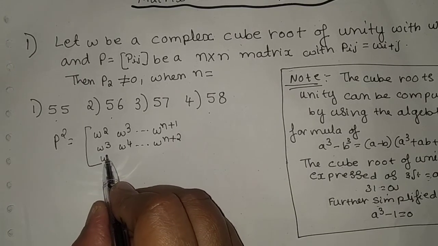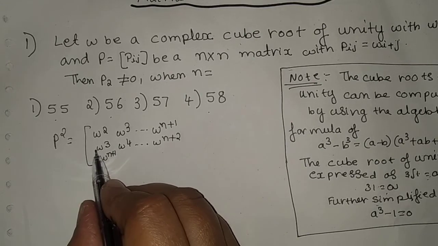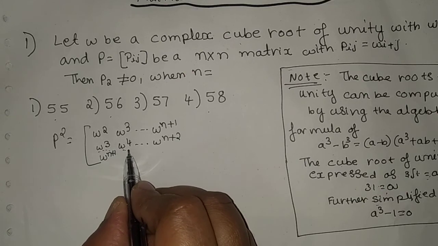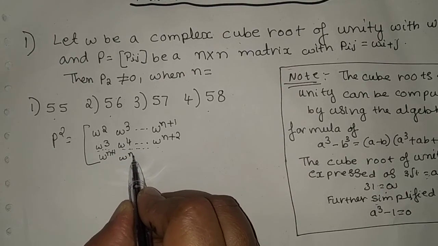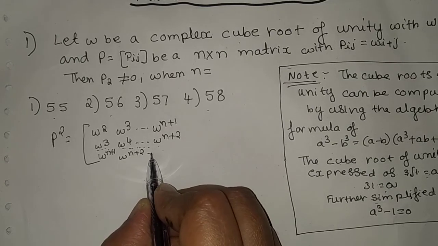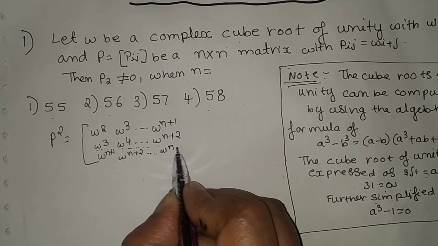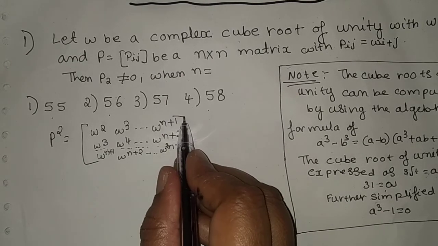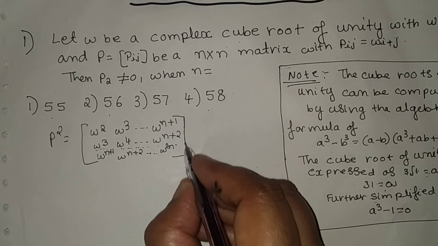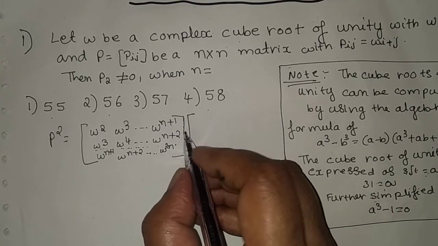Similarly w^(n+1). This continues; here we have to leave the blanks. Next is w^(n+2). Then this continues until w^(2n). Since it is a square, one more P we have to write.